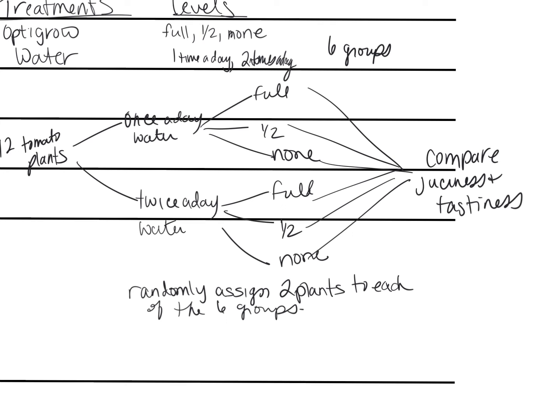Well, what we're measuring at the end is juiciness and tastiness, right? And then we'll know, oh, the twice a day no fertilizer was the juiciest, or the twice a day full fertilizer was the juiciest. Because we have them divided into those 6 groups, we'll compare which group had the juiciest and the tastiest tomatoes. Okay.